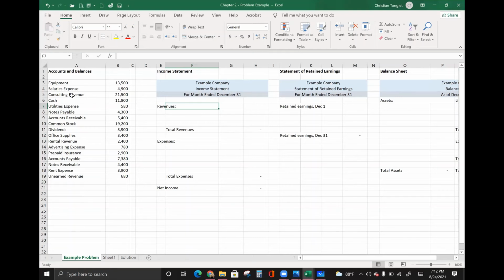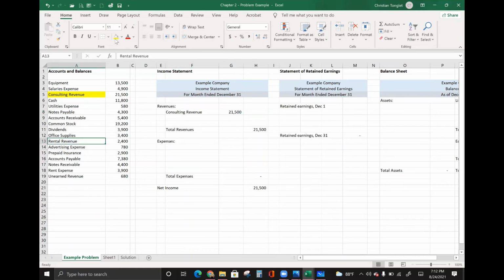Okay, so we have consulting revenue, and I'm going to highlight them off as I go. You can scratch them out. This might help you when you're preparing a financial statement. So we have consulting revenue, 21.5. Do we have any other revenue?